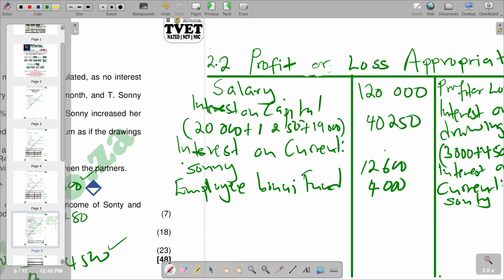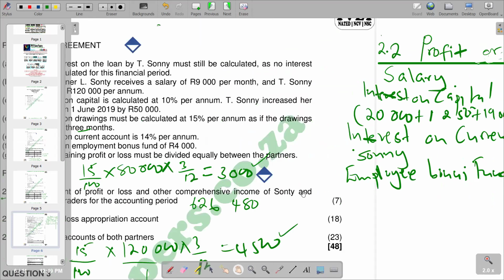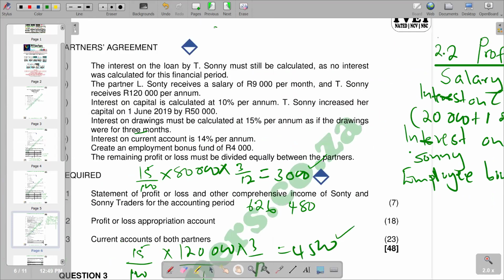So we are supposed to add and see the difference, and then the difference we are supposed to apportion it. So if you go to the partnership agreement again, you'll see that the last item is saying the remaining profit or loss.